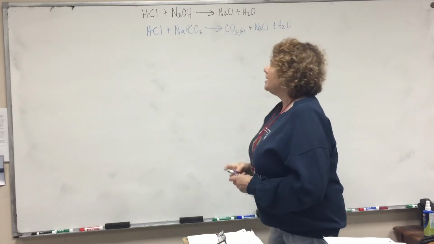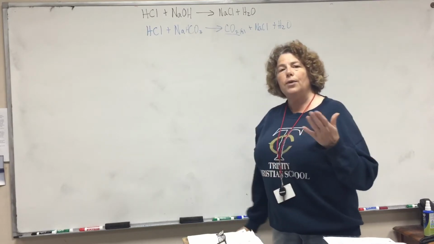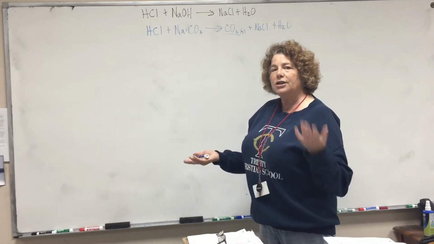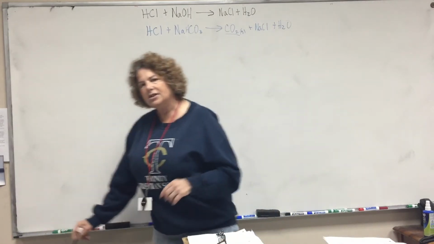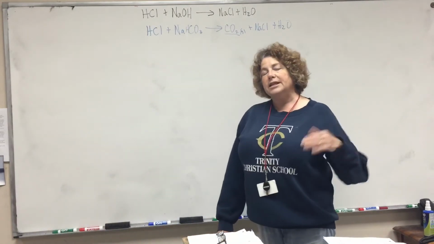So it makes carbon dioxide, salt, and water when an acid reacts with a carbonate. And the last reaction is also something I want to remind you of from the Elizabethan feast.